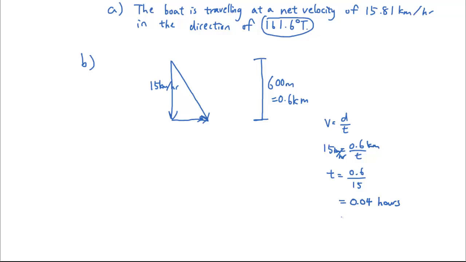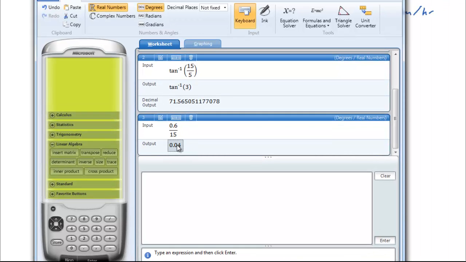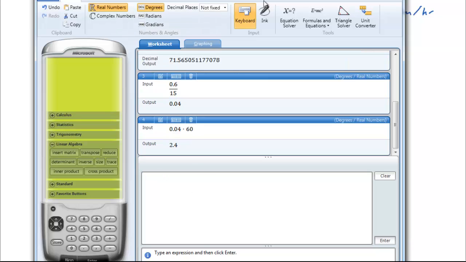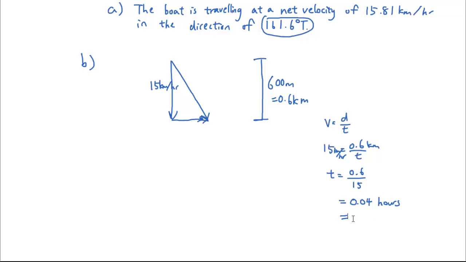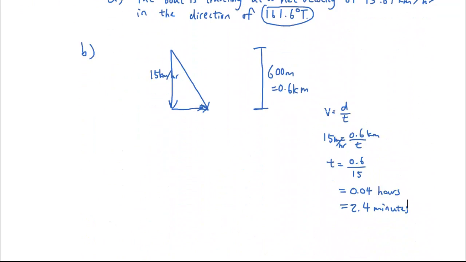So 0.04 hours, if you multiply that by 60, the answer is 2.4 minutes. So it takes the boat 2.4 minutes to cross the river, which is pretty quick.